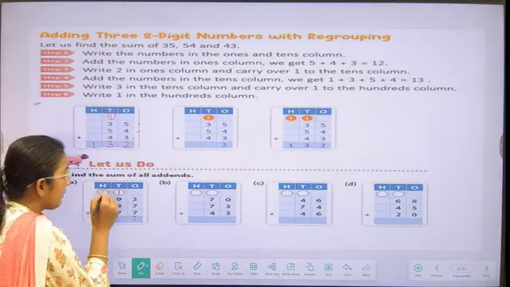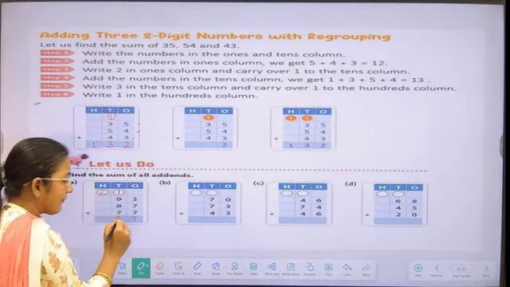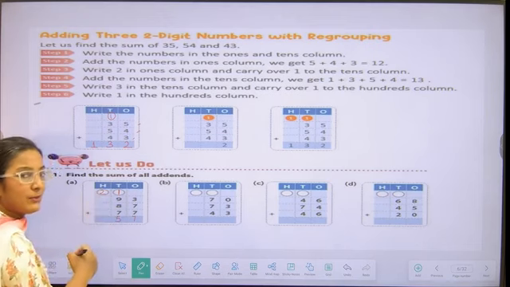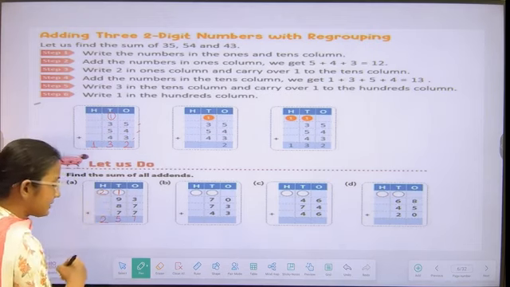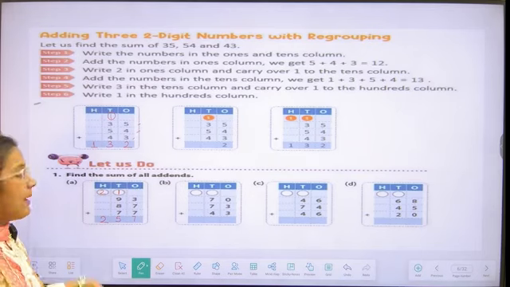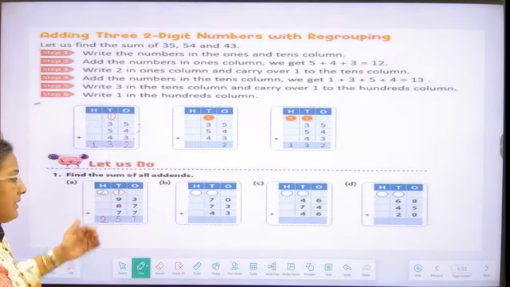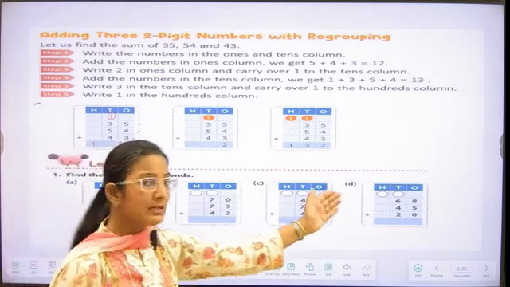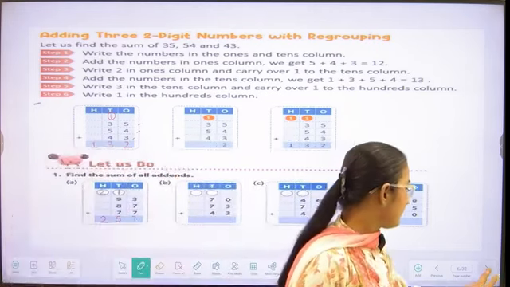So 2 goes to the hundreds place value and 5 is written at the tens place value. There is no other number at the hundreds place, so we write 2 for this. The sum is 257 by adding these three numbers. Students, similarly you can do the B, C and D parts by yourself.